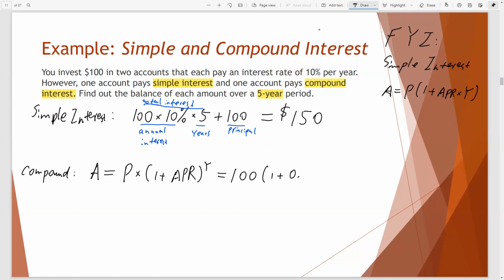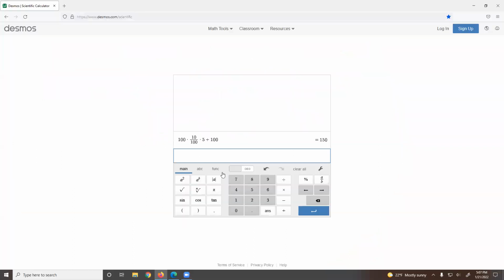APR is 10%, that is 0.1, to the power of 5. You could find 1 plus 0.1 to the 5th power on your calculator.